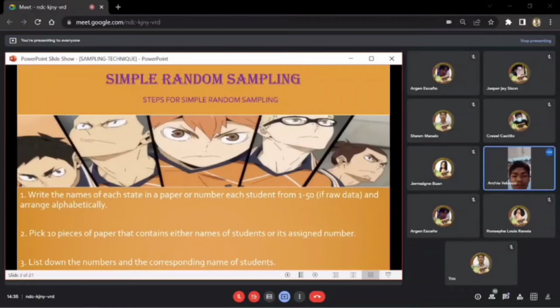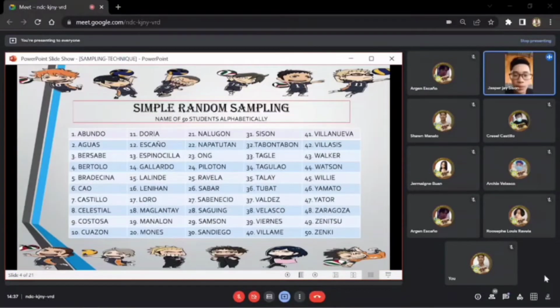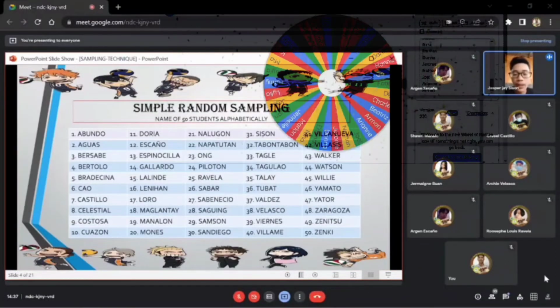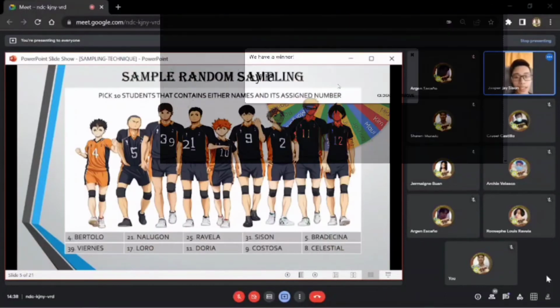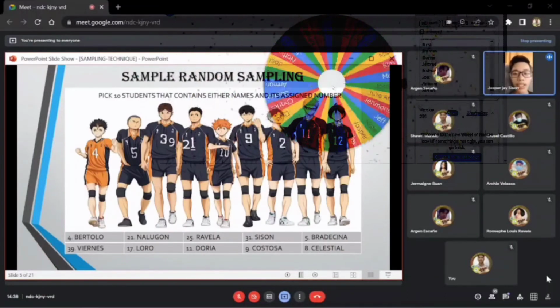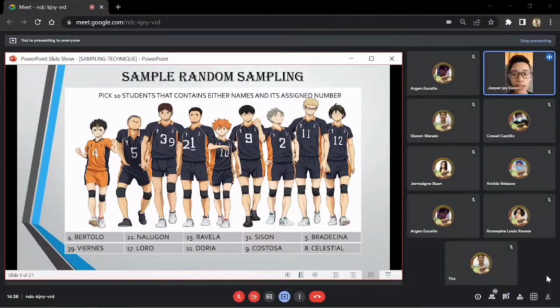Number two, pick 10 pieces of paper that contain either names of students or their assigned number. Number three, list down the numbers and the corresponding names of students. These are the names of 50 students arranged alphabetically. These are the picked 10 students that contain either names and their assigned number.